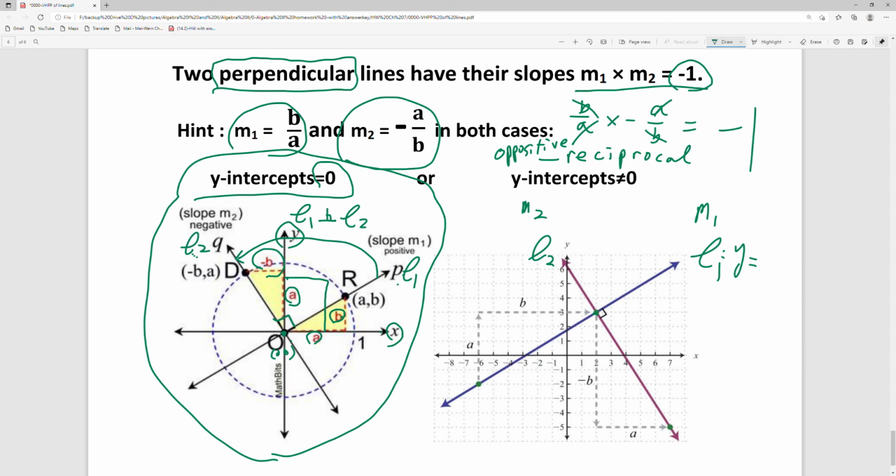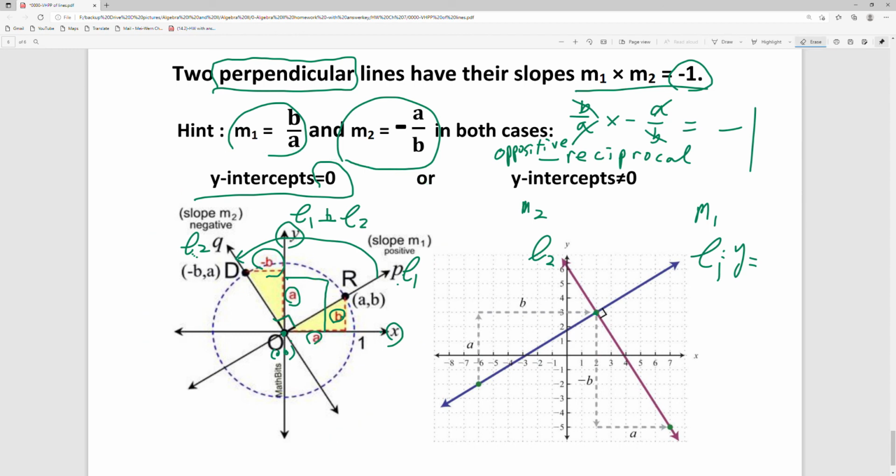Let me erase something to make some space for me to write down. Okay, erase and change the color.